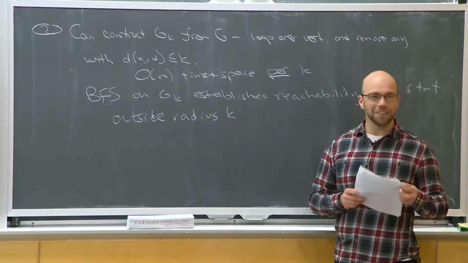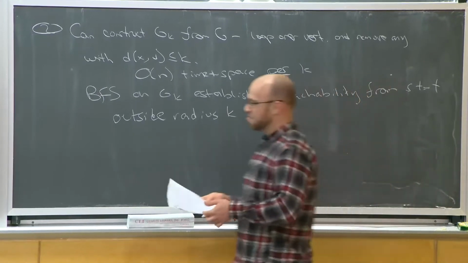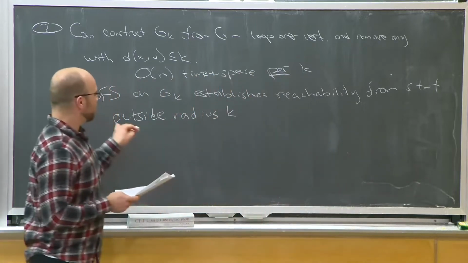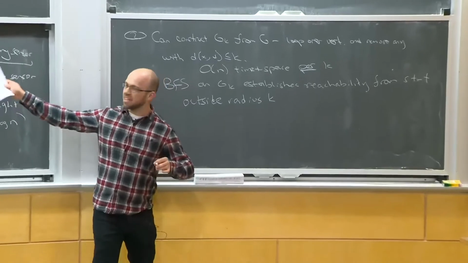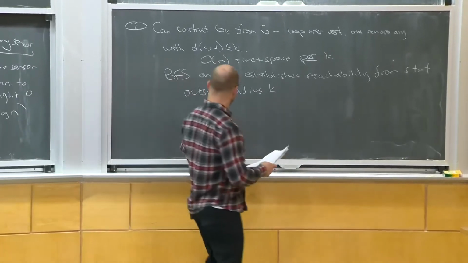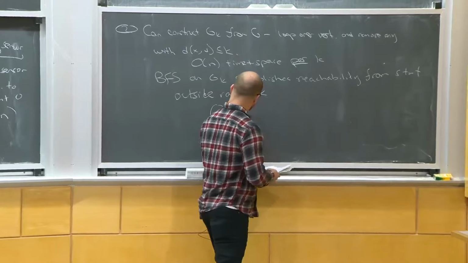Linear in the size of the graph. So BFS takes time linear in the size of our graph. Our graph has size n, or kind of 2n-ish. So at the end of the day, this takes order n.